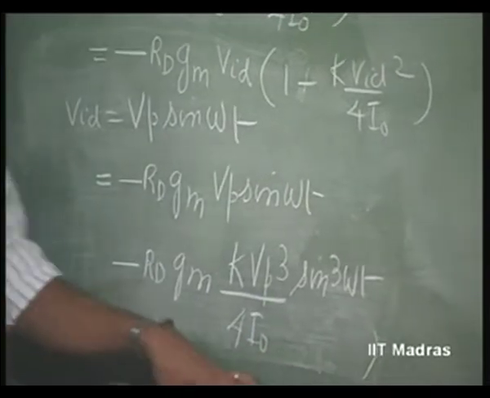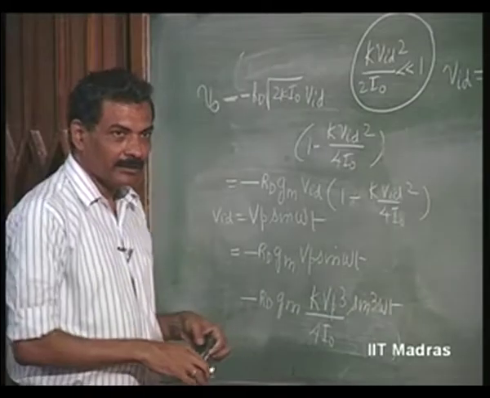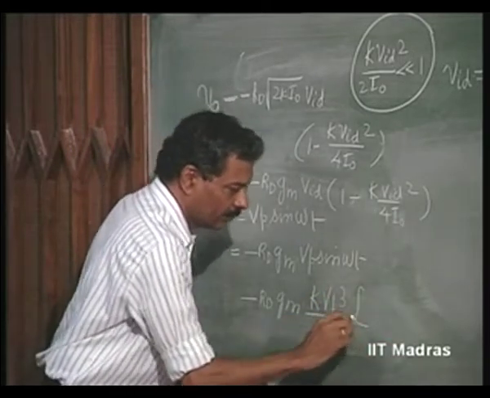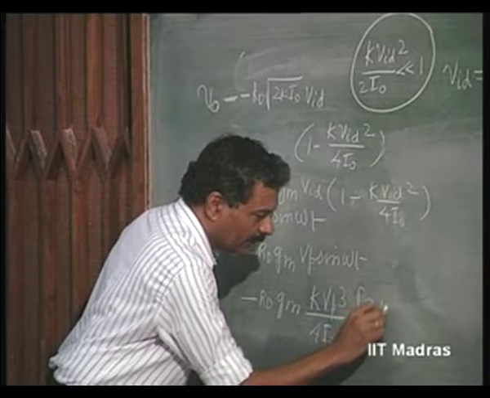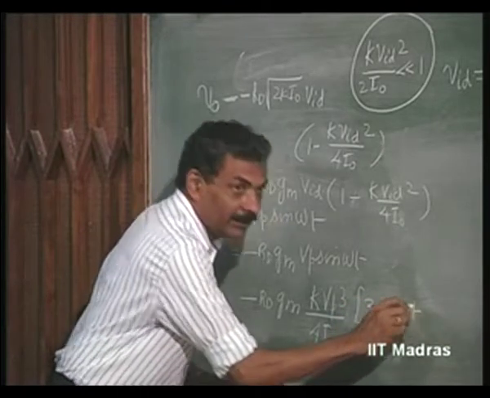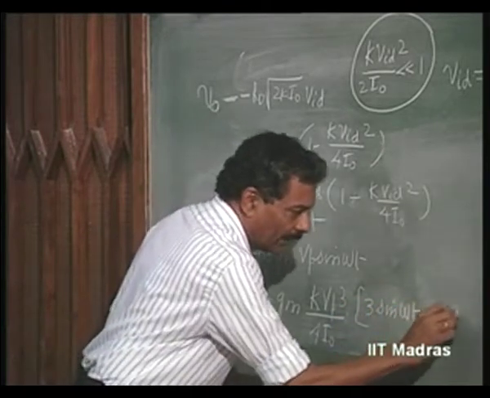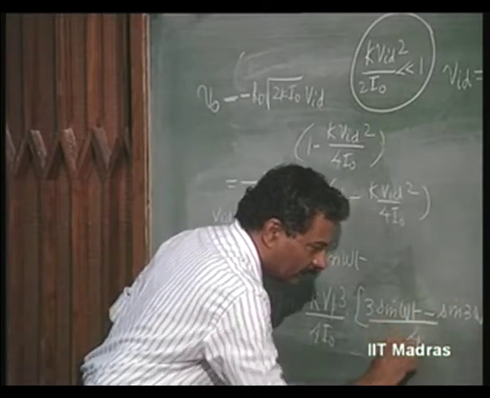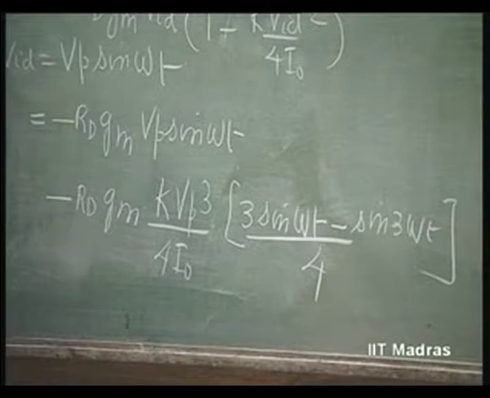Now, sin cubed omega t, yesterday also we had converted into 3 sin omega t minus sin 3 omega t by 4. Right.